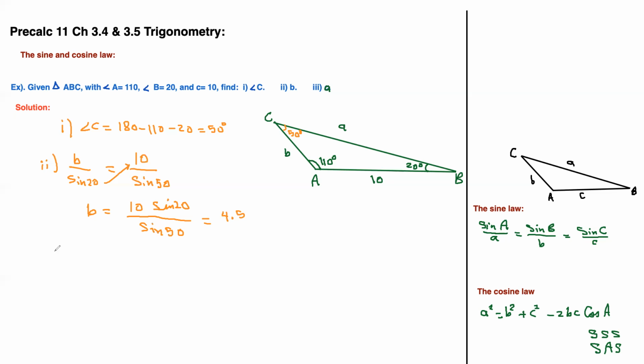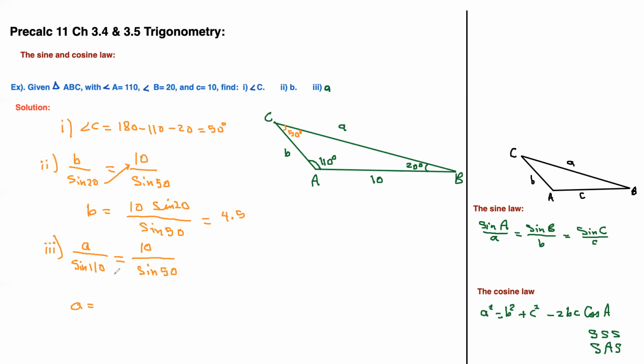And if I want to find A, I start off with A over the angle that's opposite to it, sine 110, equals, and I'm going to do the 10 over sine 50 again.